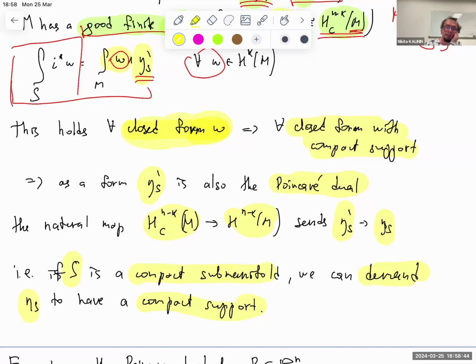So it means that, I mean, you can't do everything. You can consider forms on manifolds with boundary, but then, for example, you lose the duality, because for duality, we use the covering by Rn.